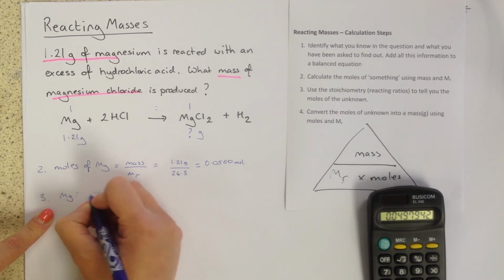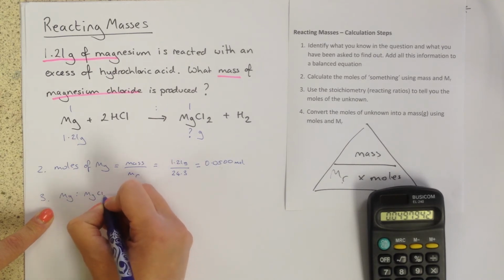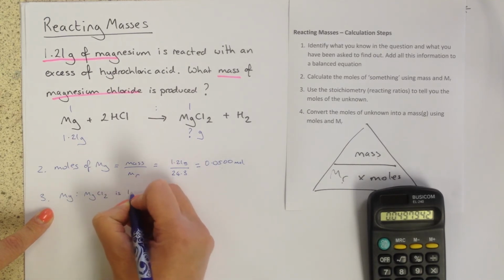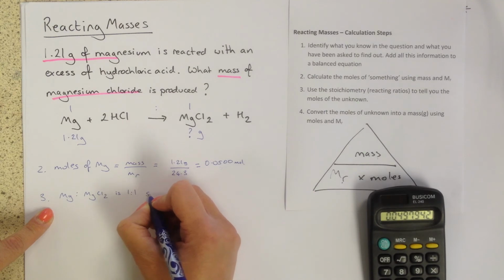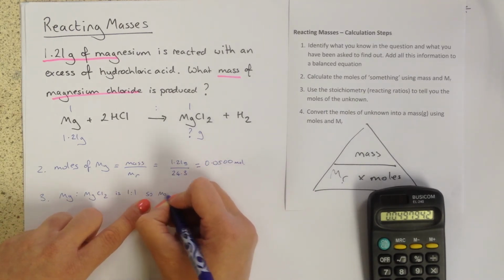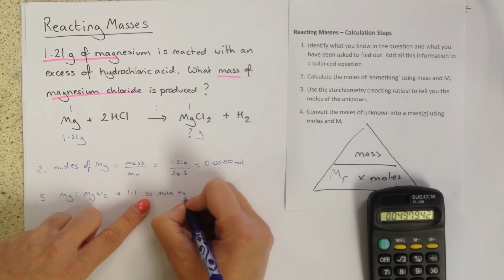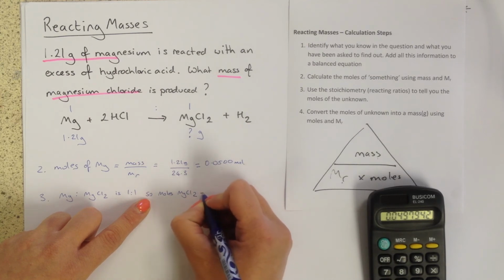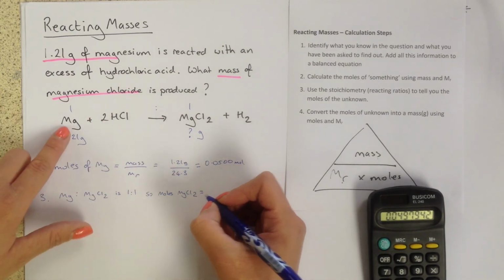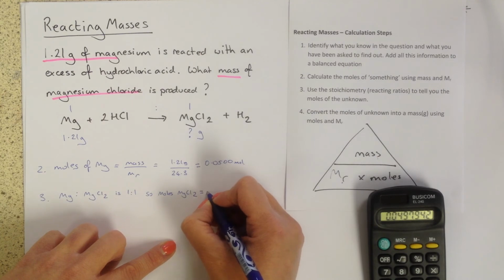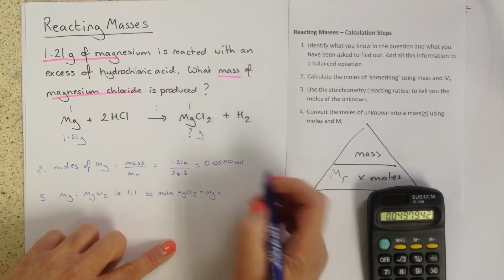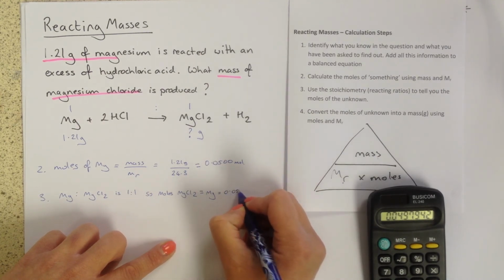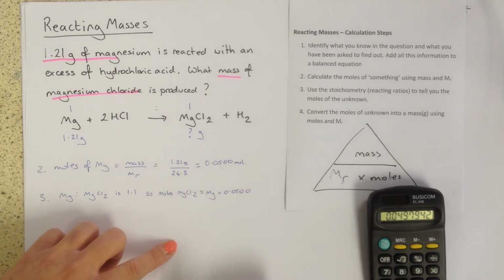The ratio of magnesium to magnesium chloride is 1 to 1. So the moles of MgCl2, magnesium chloride, will be the same as the moles of magnesium, which in this case you've just worked out. 0.0500. Great, that was simple.